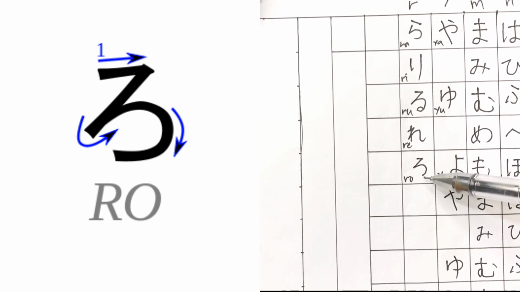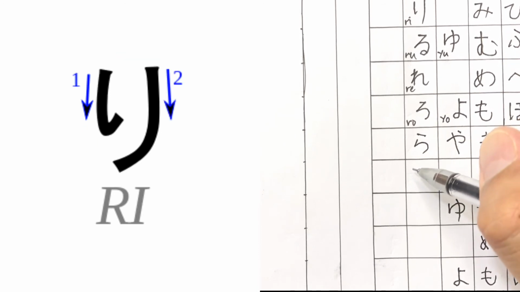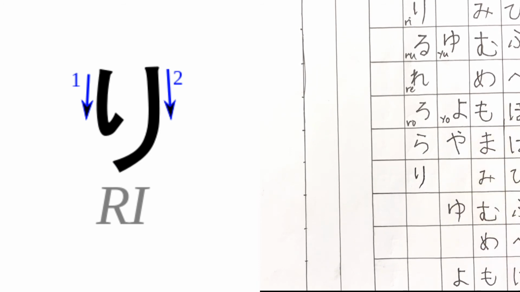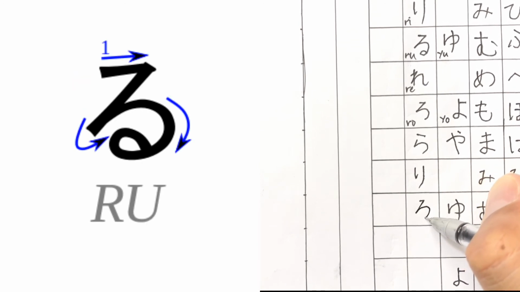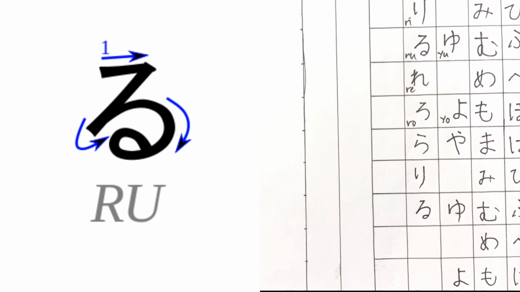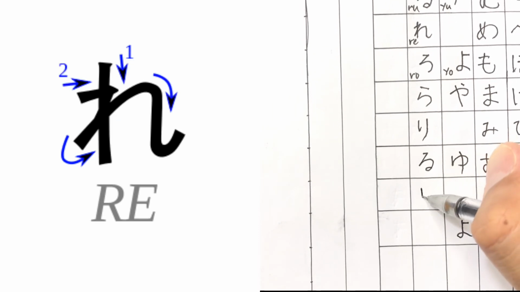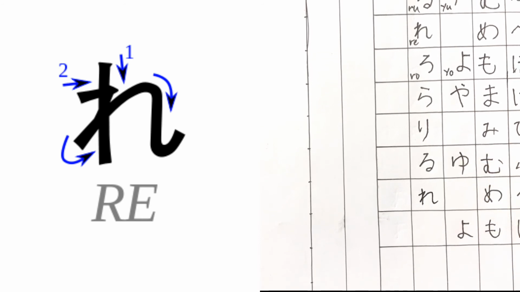Let's write them again. 1, 2, ra. Next is ri. 1, 2, ri. Ru. Re. And ro.